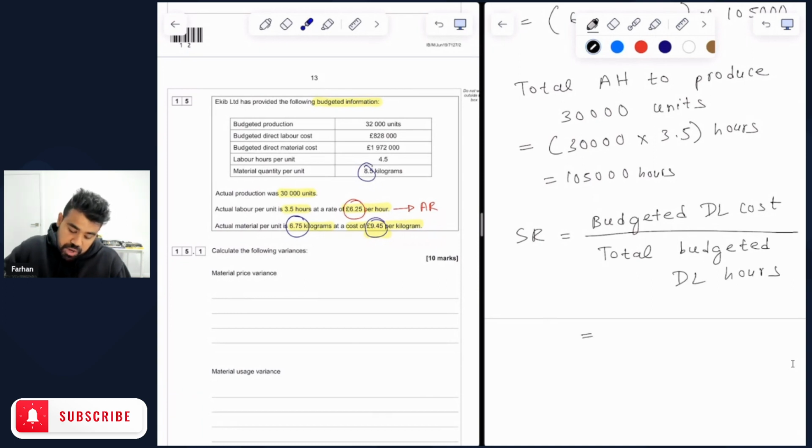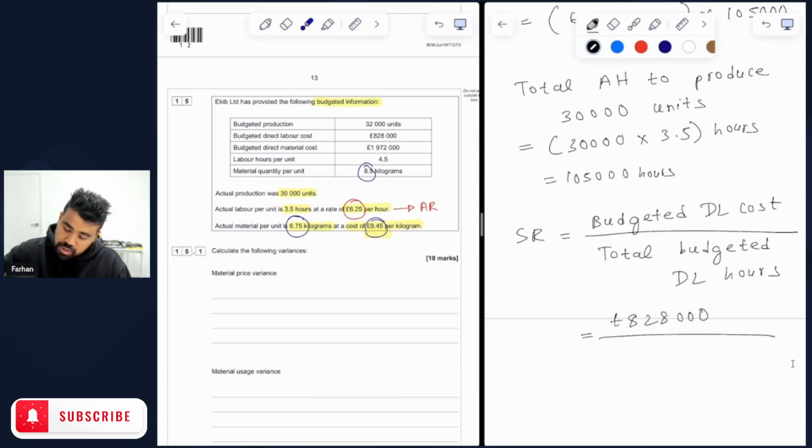So the budgeted direct labor cost is given as £828,000, which you can see in the second row of the table. And then the total budgeted direct labor hours. How can we find this? The number of units that we were supposed to produce is 32,000, and we knew that we would need 4.5 hours in terms of labor per unit.